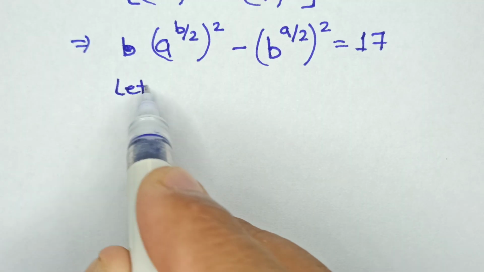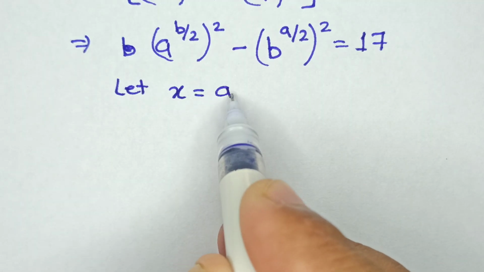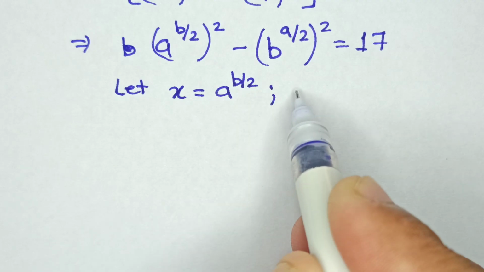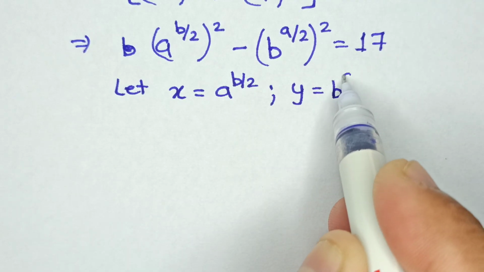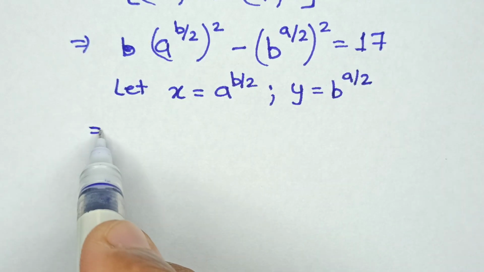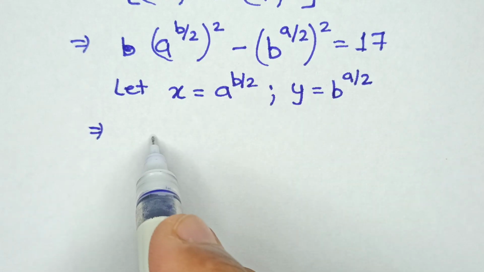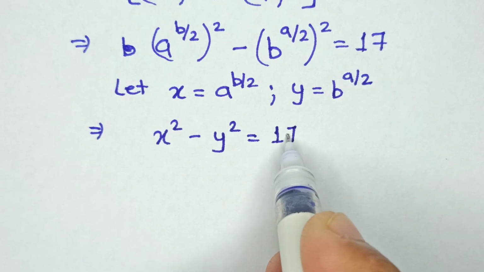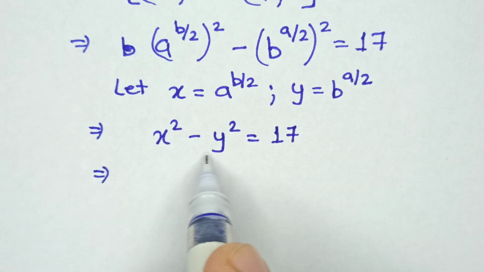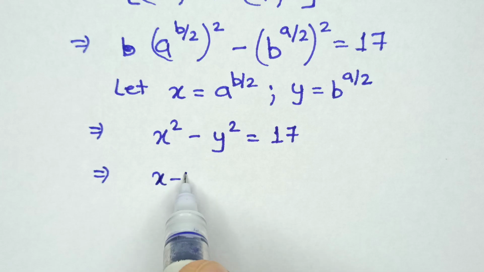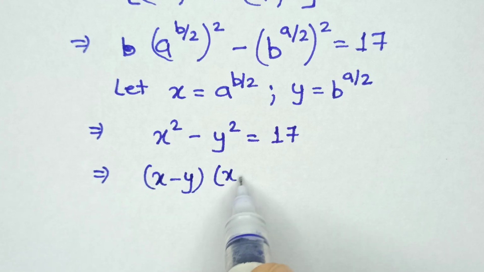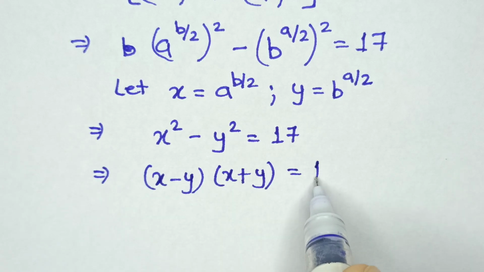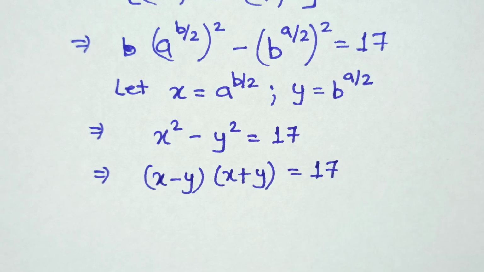Let us assume that x is a raised to the power b by 2 and y is b raised to the power a divided by 2. Technically what we have here is x square minus y square is equal to 17. Now x square minus y square is x minus y multiplied by x plus y, equal to 17.